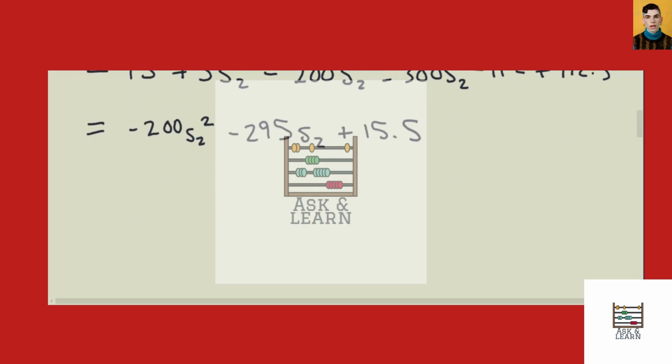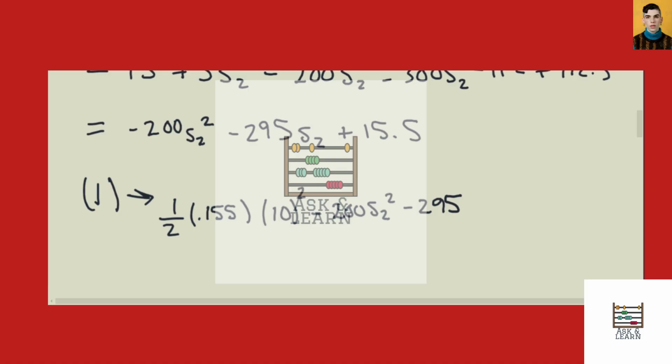So now we can plug this in to our equation 1. So we have the initial kinetic energy, 1/2 times the mass, 0.155 times 10 squared minus 200 S2 squared minus 295 S2 plus 15.5.